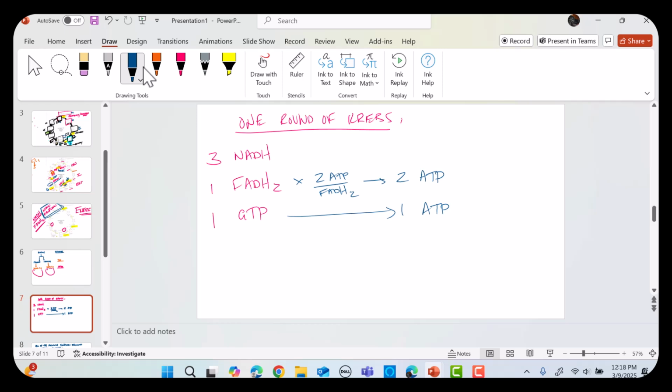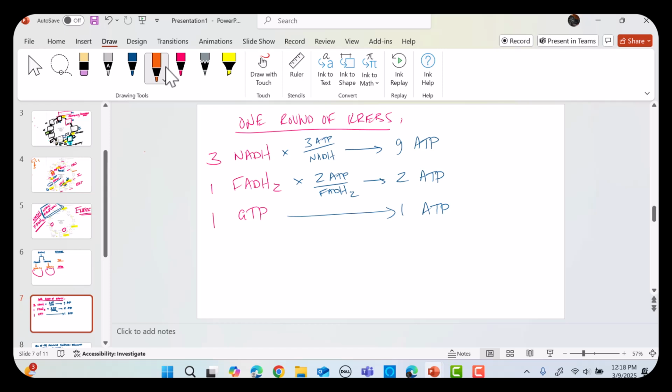1 NADH is going to be worth 3 ATP. So we're going to have 3 ATP for each NADH. So those 3 NADHs are going to give us 9 ATP. Let's go back and revisit these numbers.